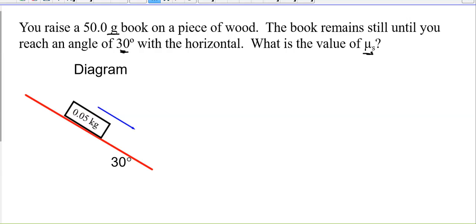You raise an incline, and an object that you have on the incline doesn't move until you reach a threshold angle, and then it begins to slide down. You can actually figure out what the coefficient of static friction is just by raising it up slowly enough, until you find that point where it starts to move.